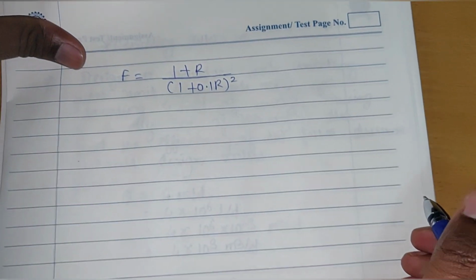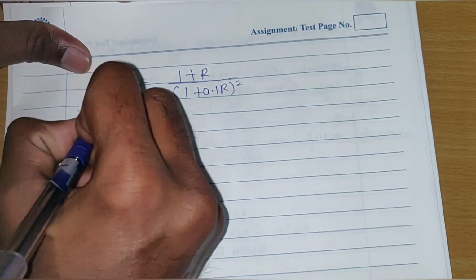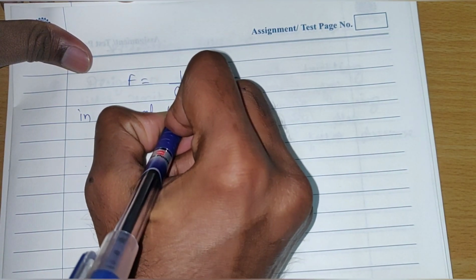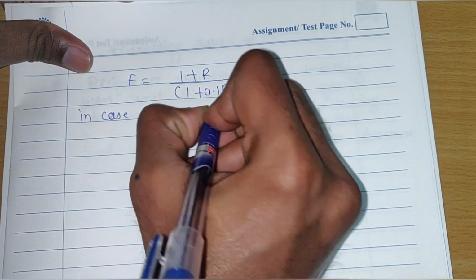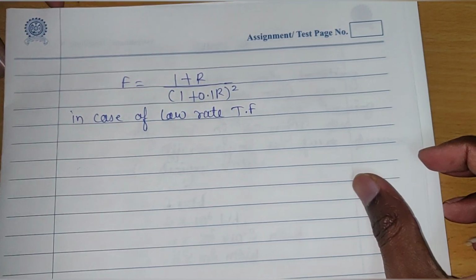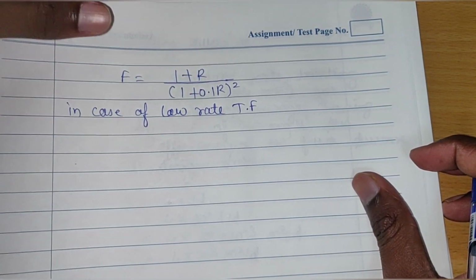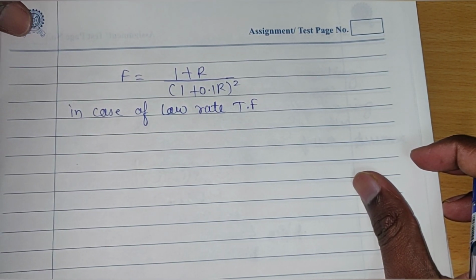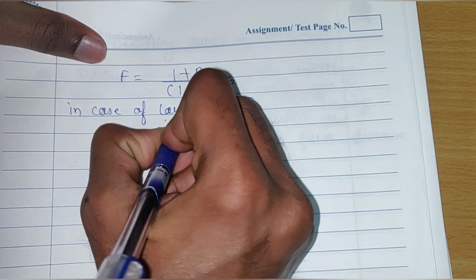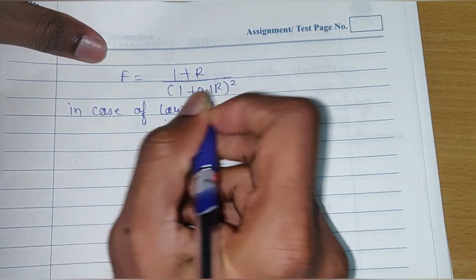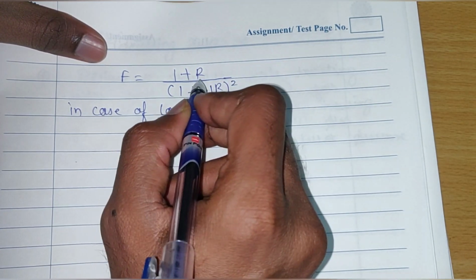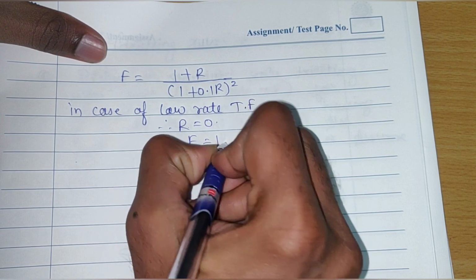But in case of a low rate or standard rate trickling filter, there is no recirculation, that means the wastewater is not recirculated. That's why the value of R is 0. Therefore, after putting R in this formula, you will get F value as 1.